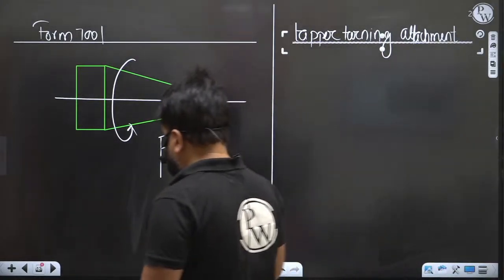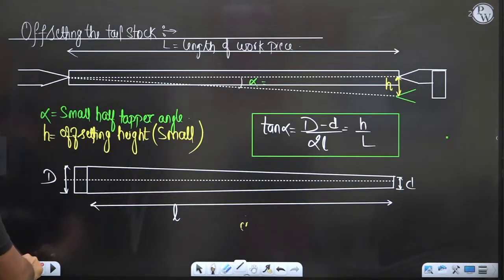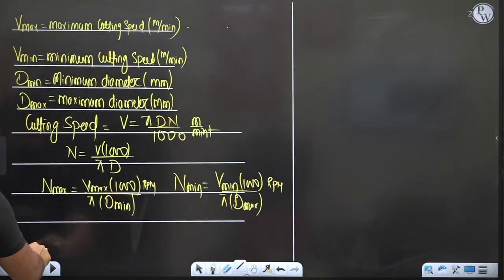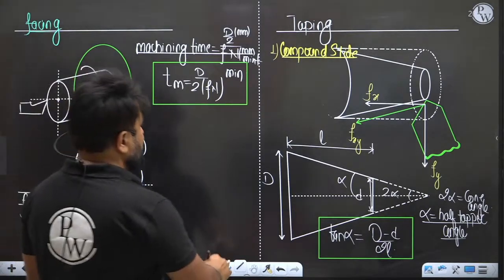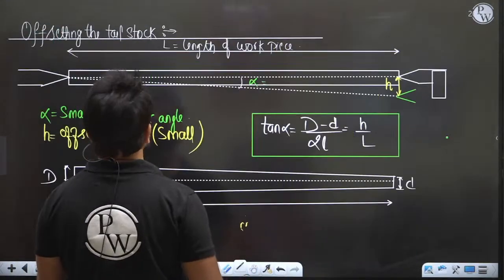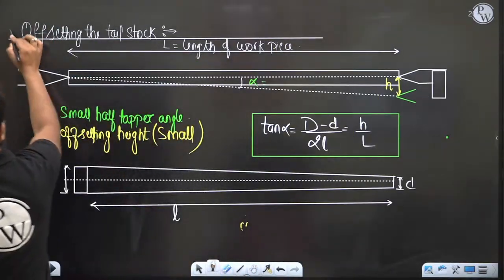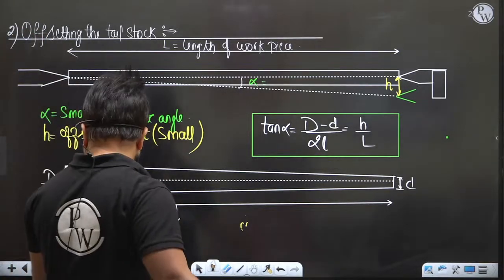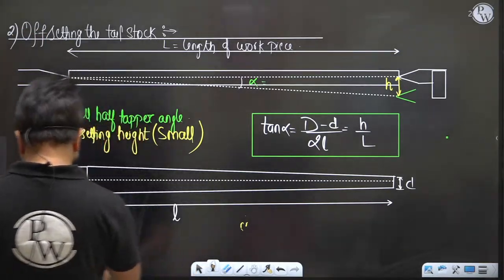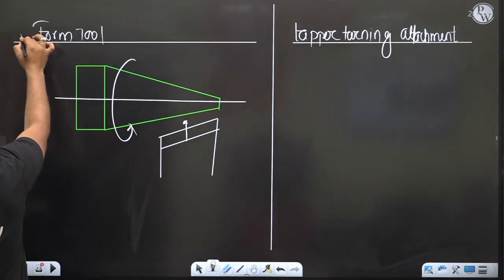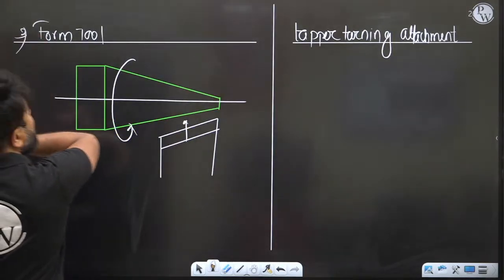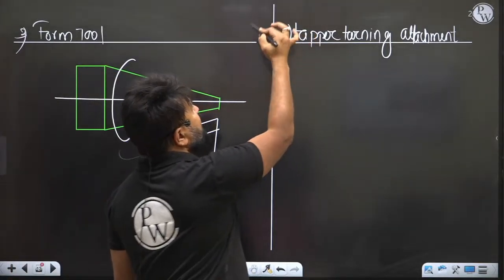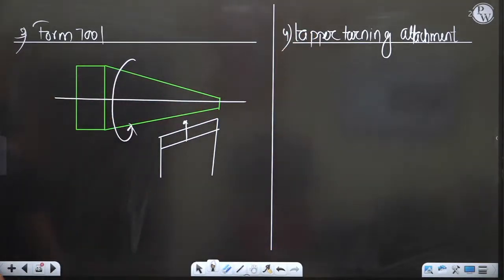So how many methods are there to produce the taper? The first is chamfering, the second is offsetting the tailstock, the third is the form tool, and the fourth one is the taper turning attachment.